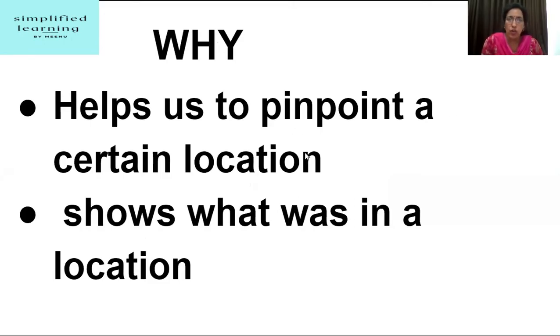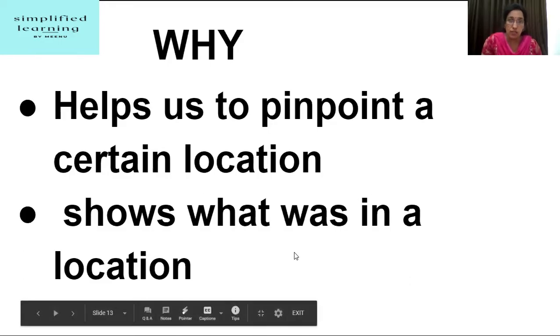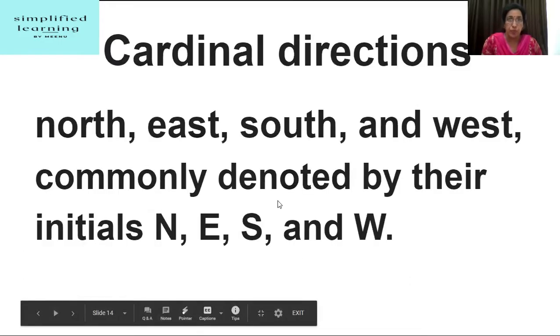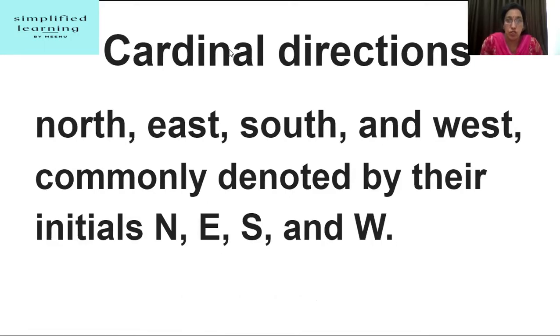Okay, why do we need a compass? First, it helps us to pinpoint a certain location. Then it shows what was in a certain location. So here we mainly talk about directions.